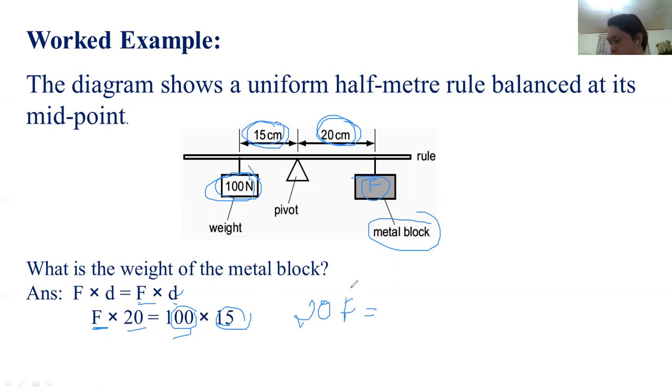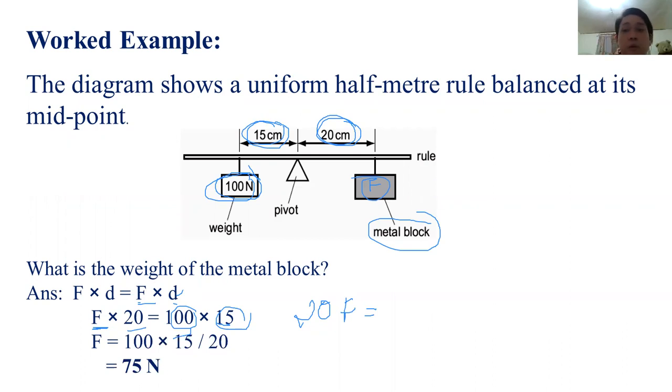That is equal to 100 times 15. Who can give me 100 times 15? So let's see. 100 times 15 over 20 gives you 75 Newton. So that's how you do it.